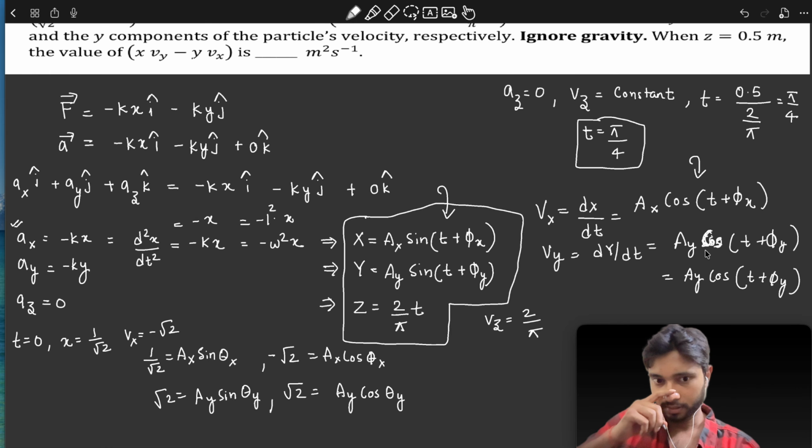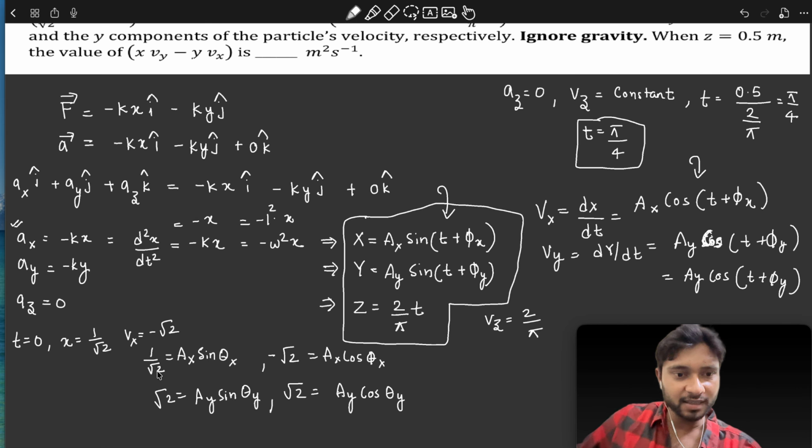So now we can just square and add these. If I square and add ax square sine square phi x plus ax square cos square phi x, this gives ax square as 1 by 2 plus 2, which is 5 by 2, so ax is root 5 by root 2, and ay square as 2 plus 2, 4.